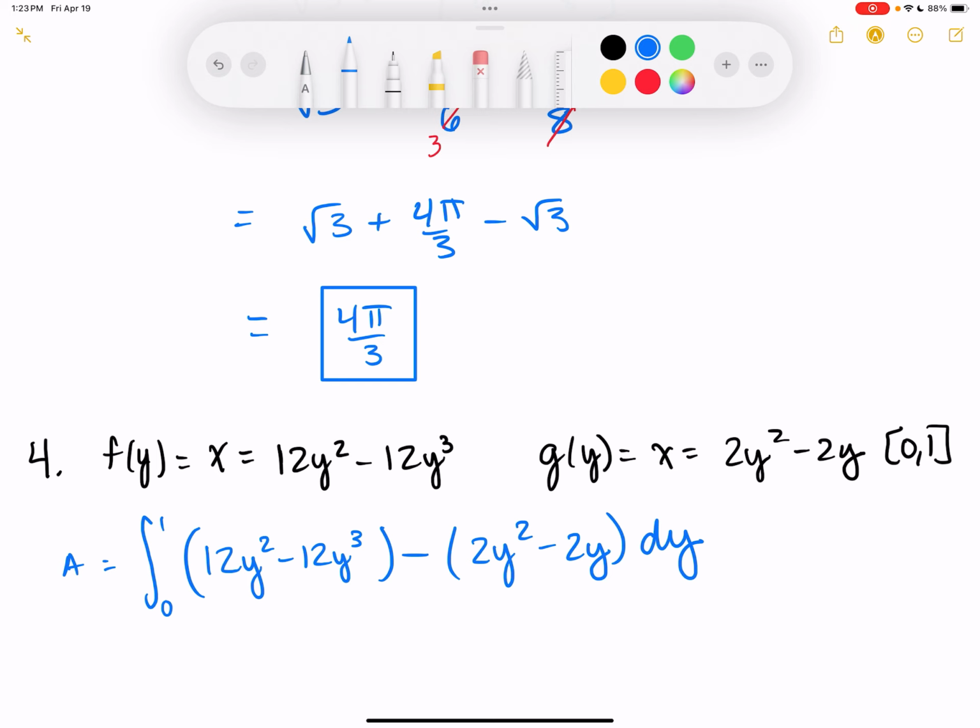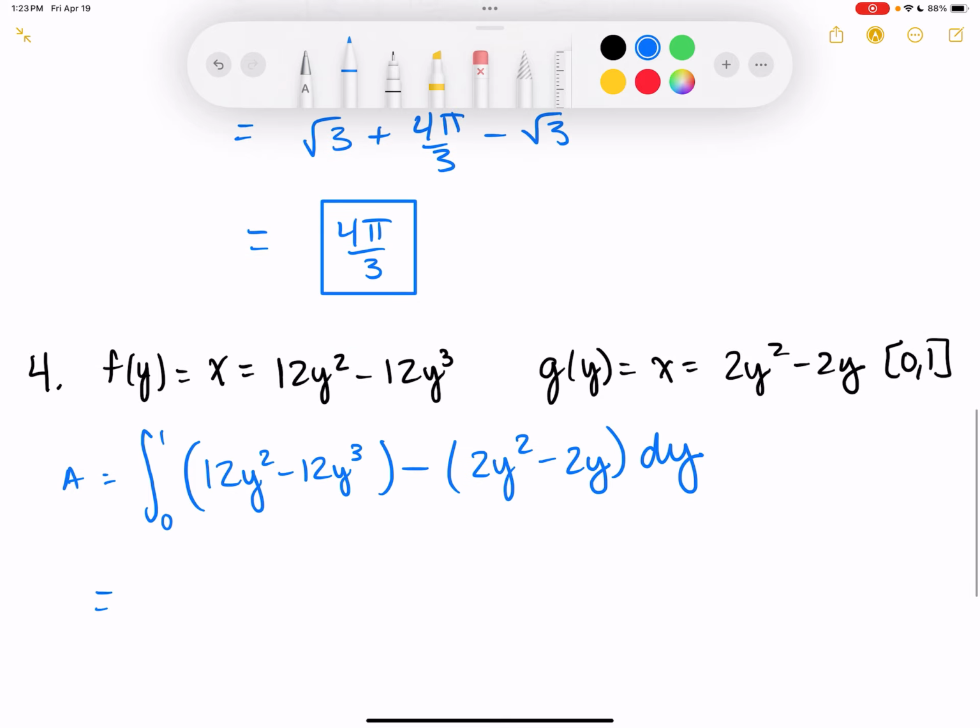And with this one, rather than breaking it up, I would actually just combine like terms. So I would get the integral from 0 to 1 of, let's see, negative 12y cubed, 12y squared minus 2y squared, so that's going to be 10y squared, plus 2y dy, and do it that way.